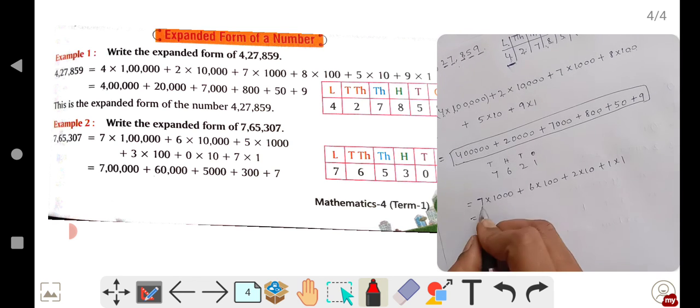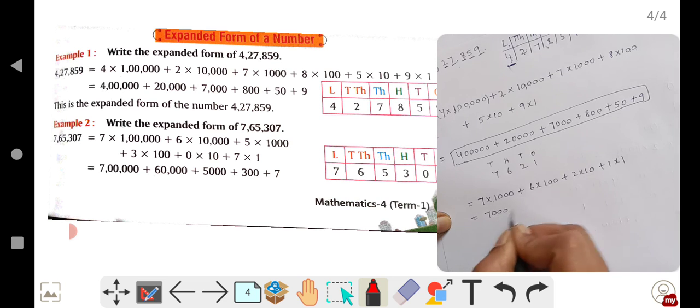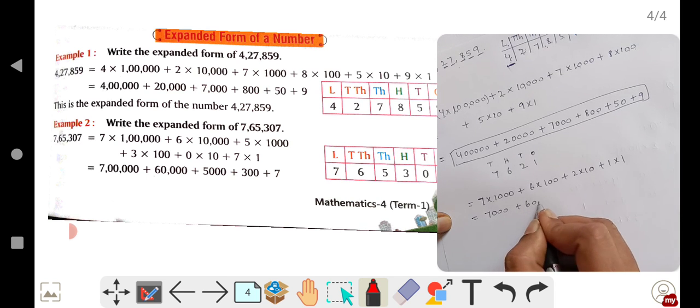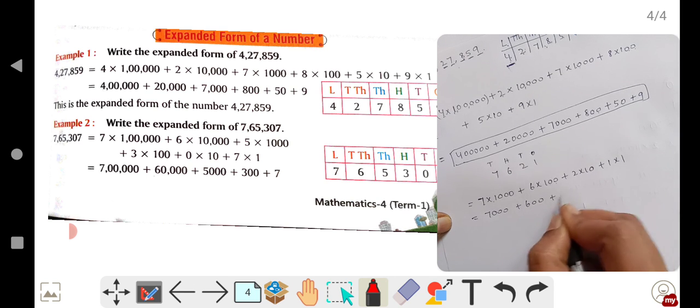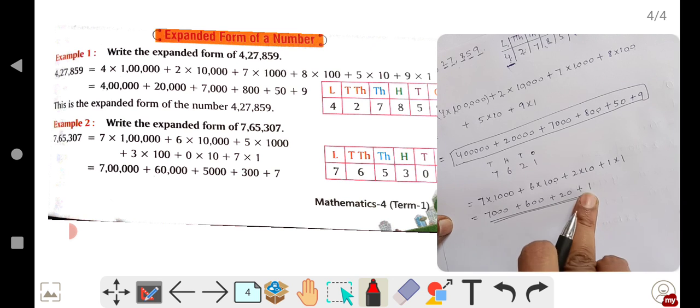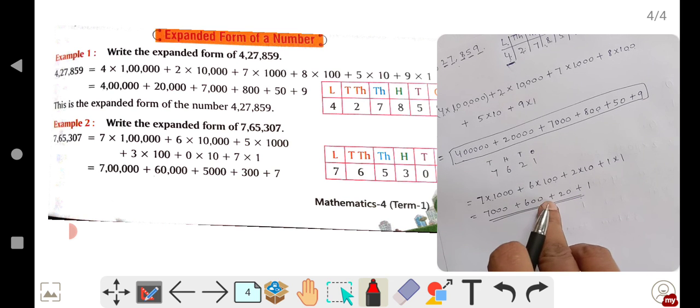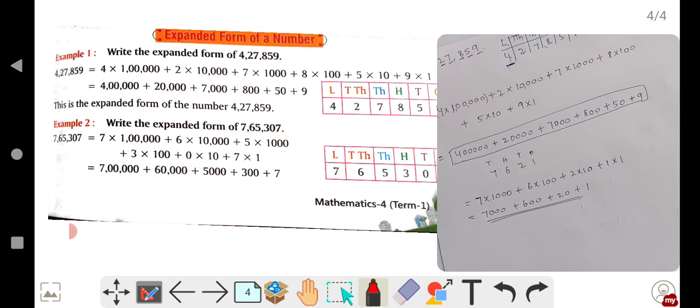That is equal to 7 ones are 7 and 3 zeros, plus 6 ones are 6 and these 2 zeros, plus 2 ones are 2 and this 0 here, plus 1 into 1 is 1. So this is the expanded form of the given number. So understood children? Yes. Thank you.